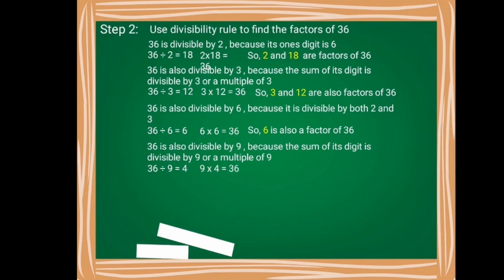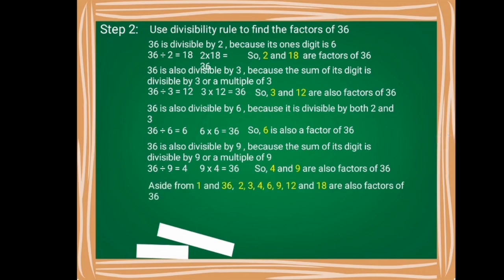Ibig sabihin, 9 times 4 then equals 36. Pag mag-check tayo kung tama yung sagot, so 9 and 4 now are also factors of 36. So, aside from 1 and 36, ito pa ang mga nakuha nating factors ng 36.